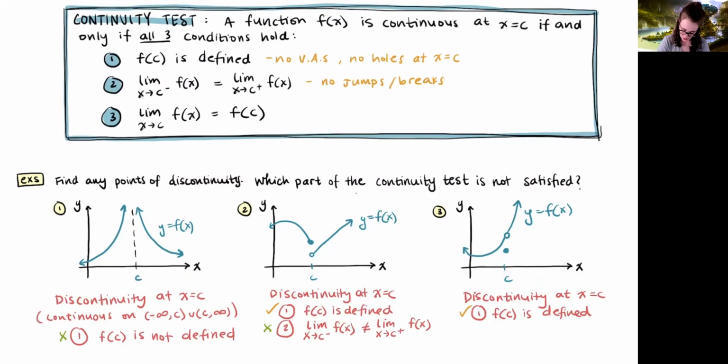So here we have condition 2 is also satisfied. The limit from the left-hand side is equal to the limit from the right-hand side. But the one that's violated is this third one here.